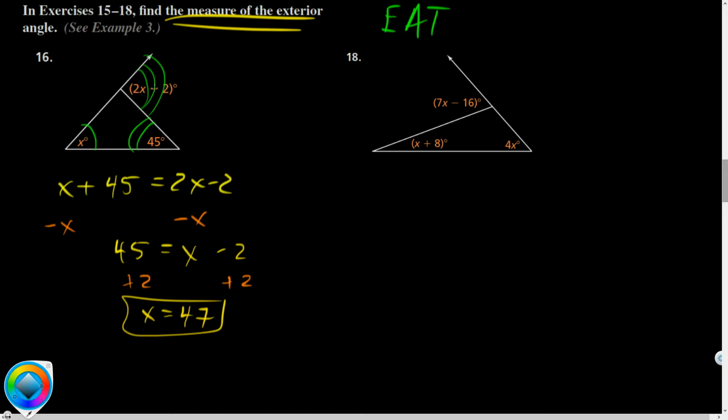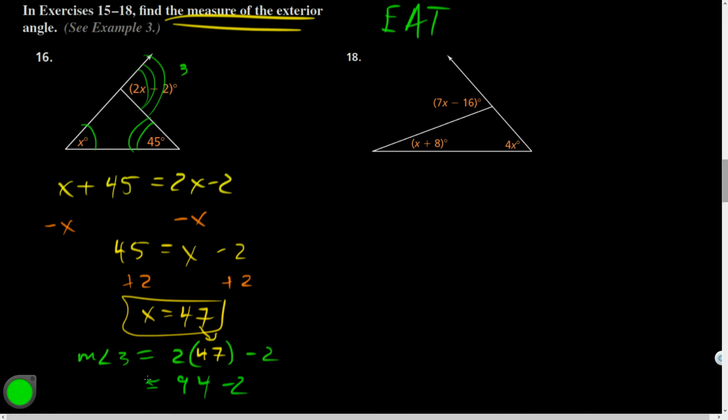So notice this angle. I'll tell you what, we'll leave it in green. I'll call this angle 3. Measure of angle 3 is equal to 2 times x minus 2. And so I could then substitute 47 in for x. And 2 times 47, that feels like 94 to me, and so I'm getting 92 degrees.